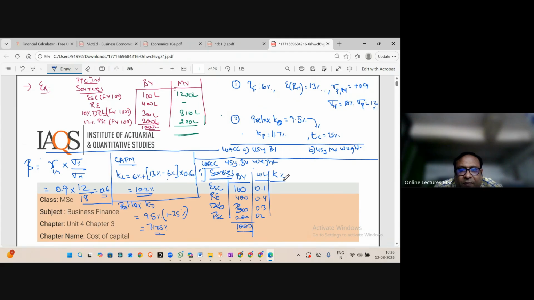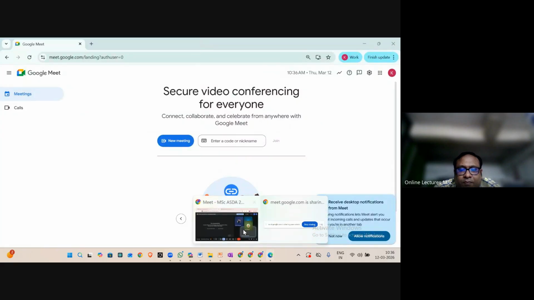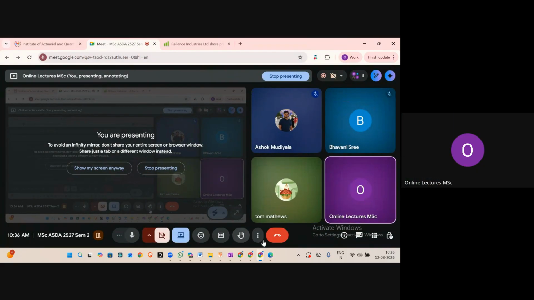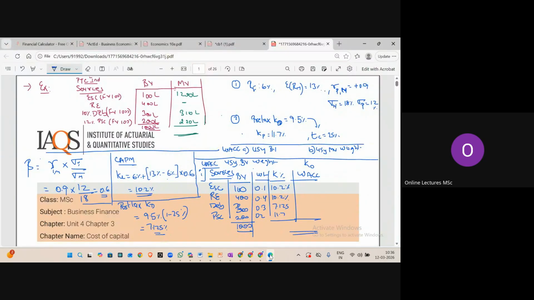K of equity, ESC, is 10.2. We assume they're equal. Debt is 7.125 and this is 11.7. The product should be WACC, also represented by the letter KO. Please solve till here.